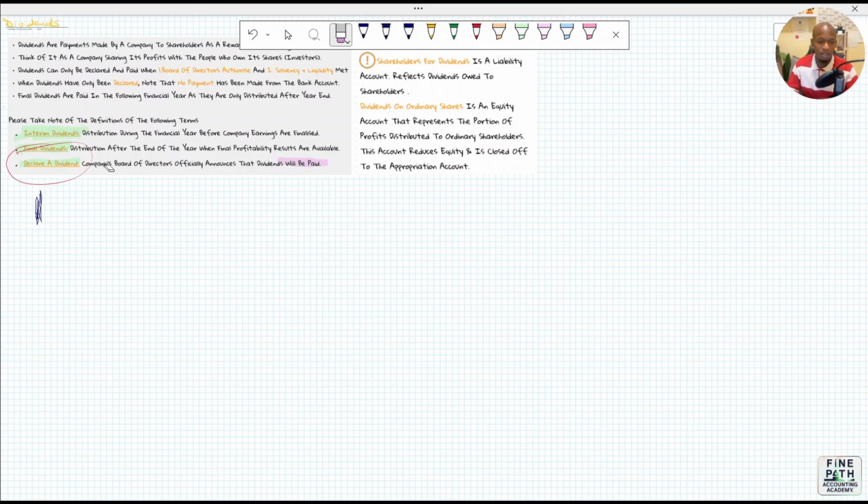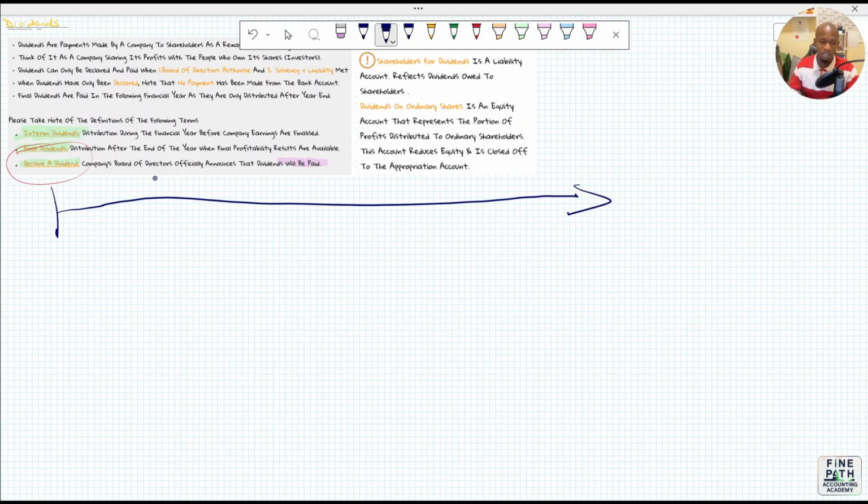So let us look at this in a form of a timeline. Okay, let's get a thicker pen. So if we have a timeline here, we know that there's two important events, right?